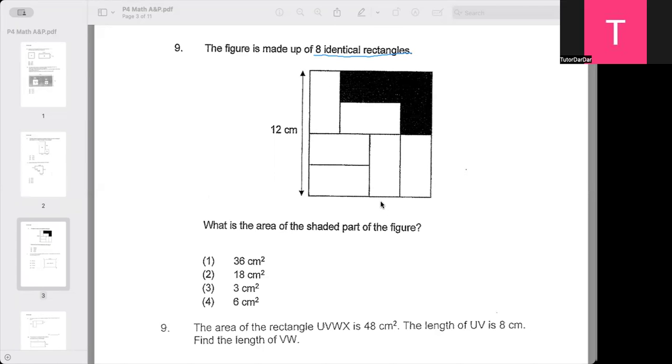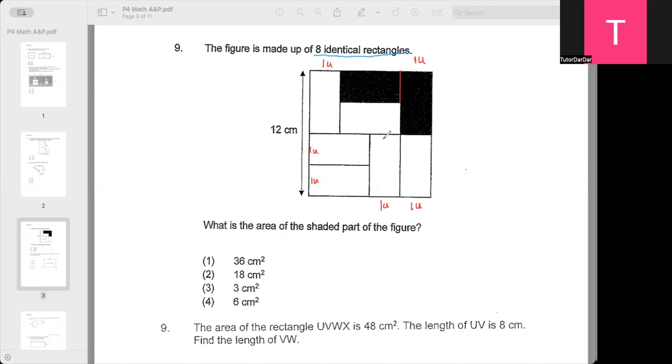So all the breadth I will put as 1 unit. So this one is going to look like this. Okay, so it is going to be 1 unit as well.